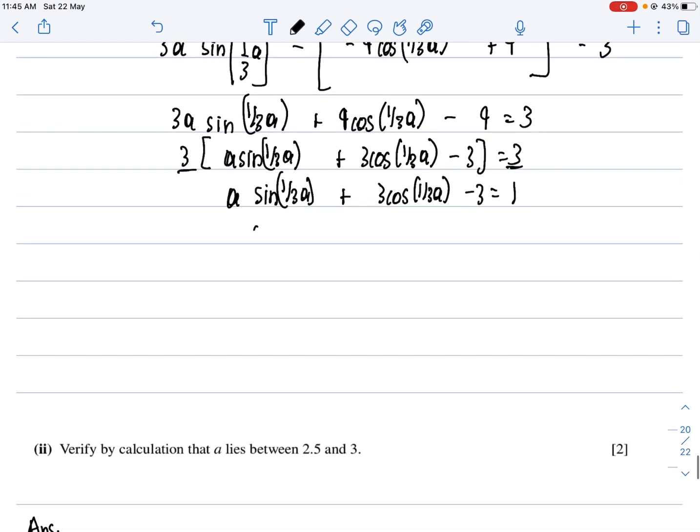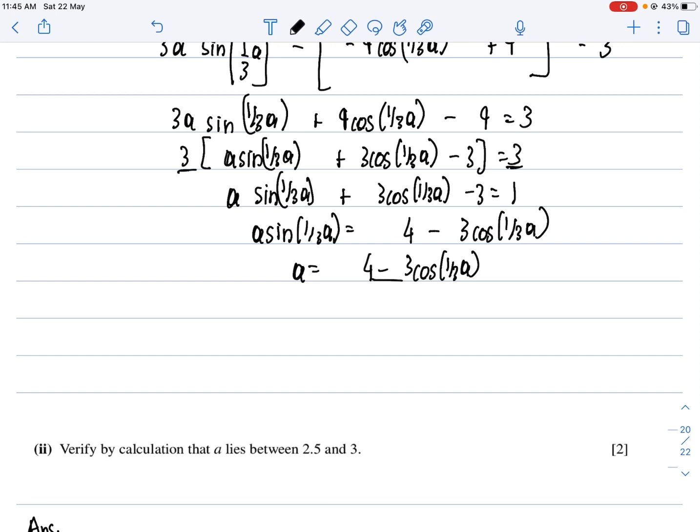Now a sine 1 over 3a equals, when I take the 3 to that side, 4 minus 3 cos 1 over 3a, which I can write as a equals 4 minus 3 cos 1 over 3a over sine 1 over 3a, which is basically what I needed to prove.